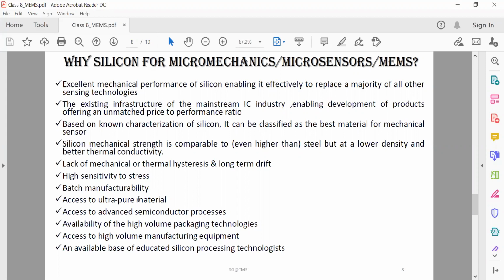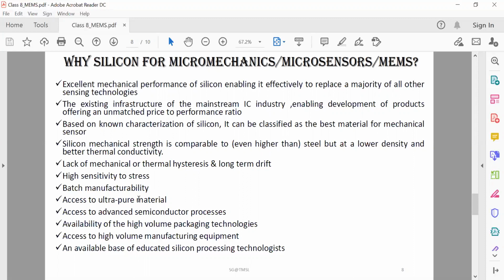How to circumvent those critical points and how to recover from those problems, there is still a lot of research going on, and some custom packages are required which need some R&D, research and development, in case of MEMS and microsystem devices.